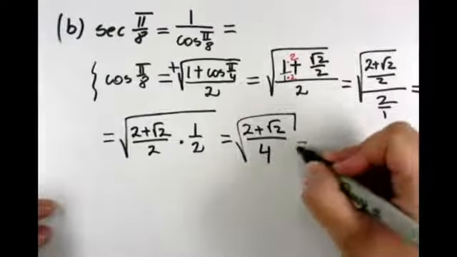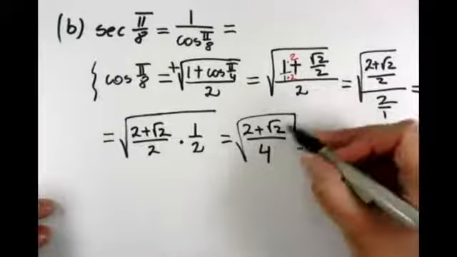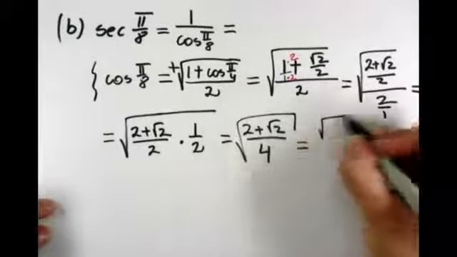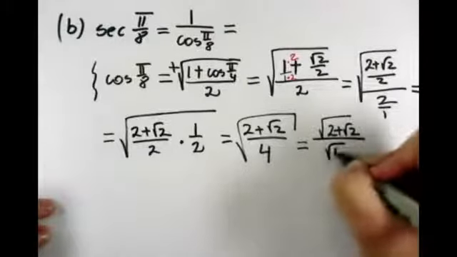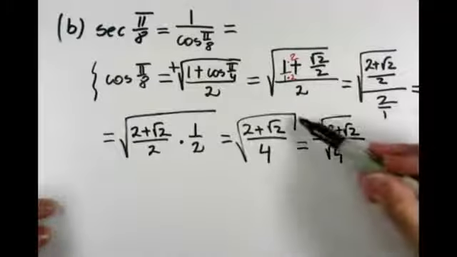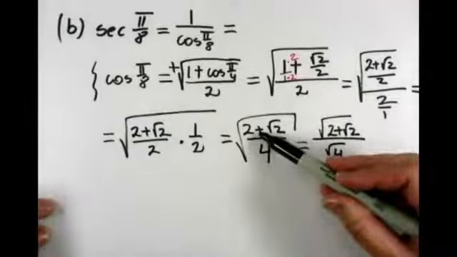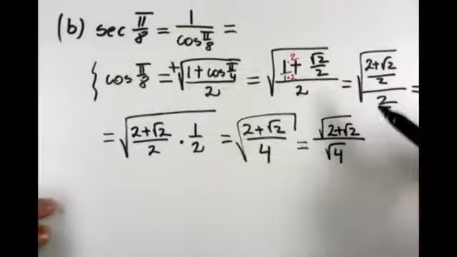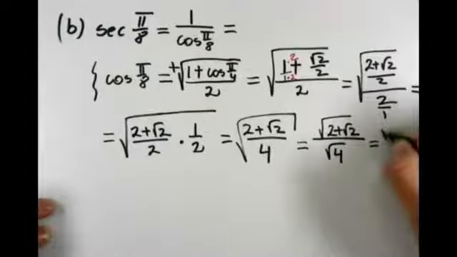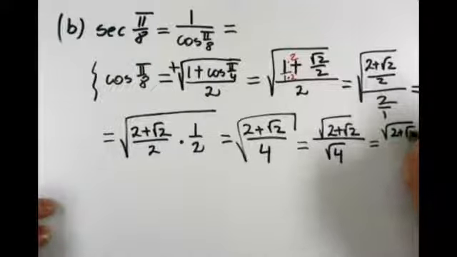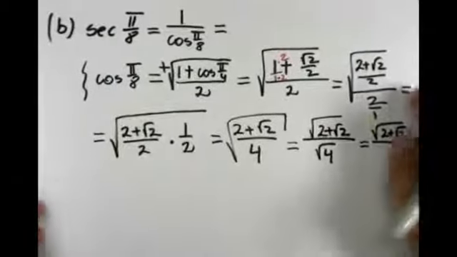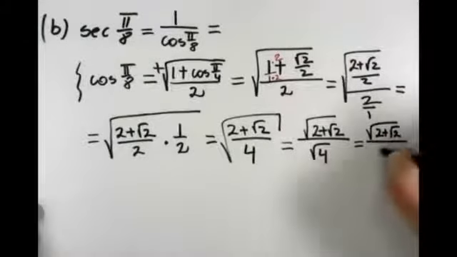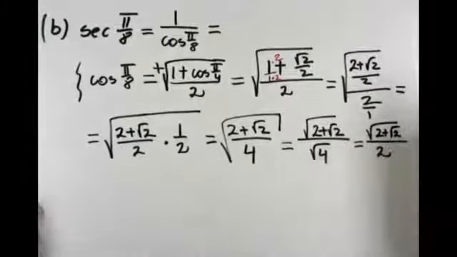We can separate the root. This is square root of 2 plus root 2 over root of 4. When it's multiplication, you can separate. When it's addition, you cannot. So this gives me the square root of 2 plus root 2, over 2.